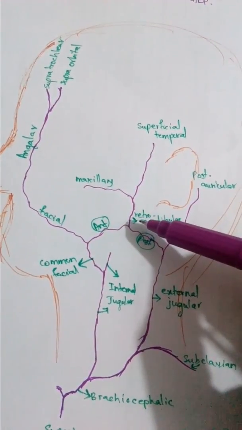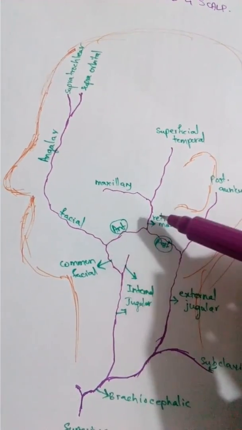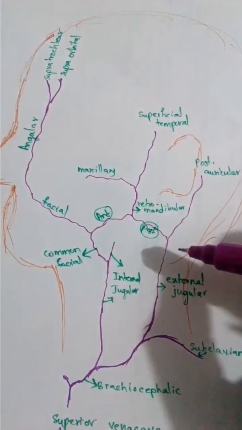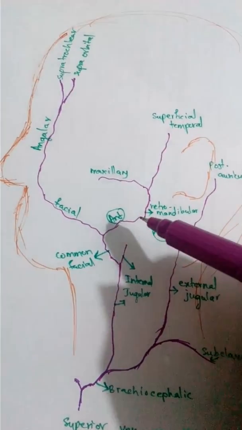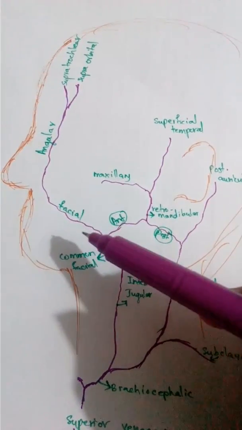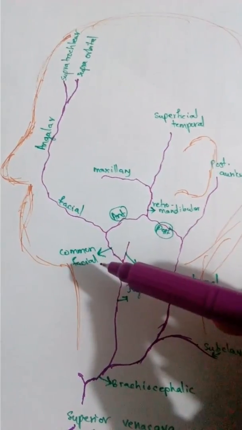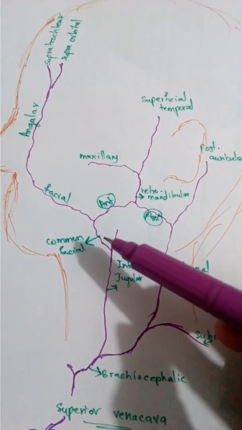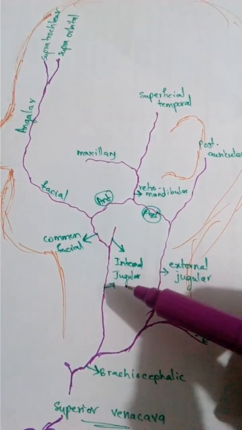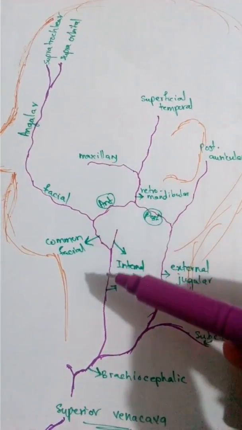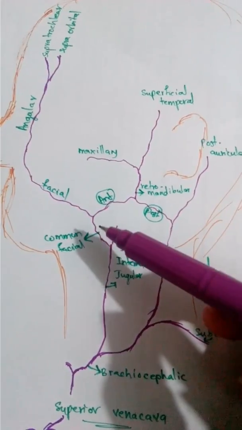Now the retromandibular vein has an anterior portion which goes anteriorly, and a posterior portion which goes backwards. The anterior portion joins with the facial vein coming, and they form the common facial vein, which later drains into the internal jugular vein, which is coming from the head region down to the neck.